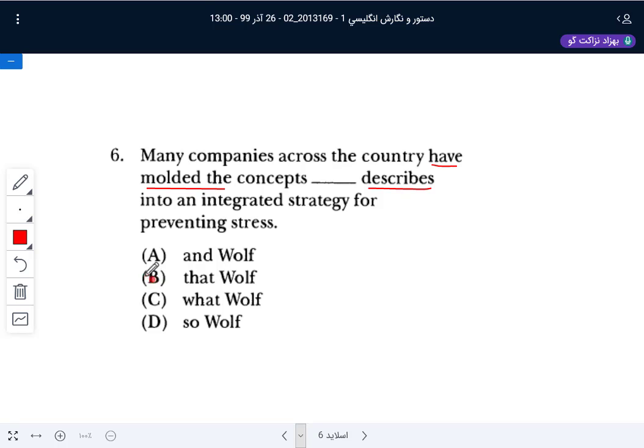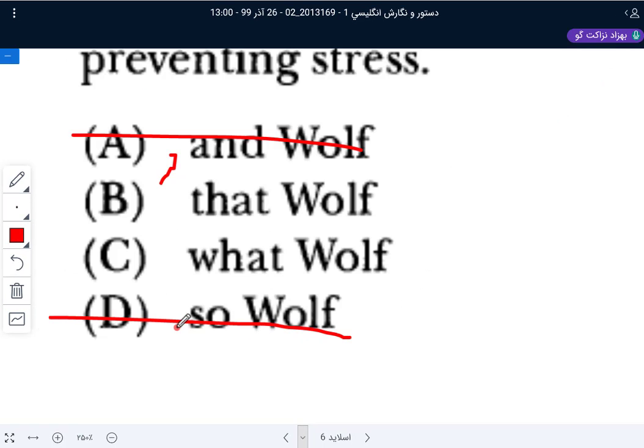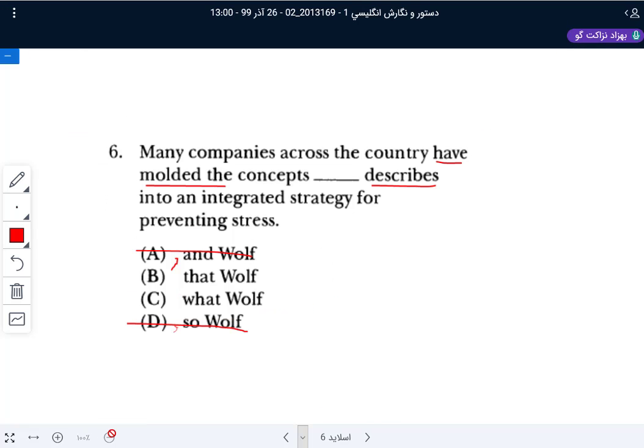So if we use so and, we expect, because immediately after them we have Wolf, which is the noun, and we have describes, which is the verb. So we expected to see a comma, but there is no comma because two main clauses should be with commas. Well, this shows that these two items are not acceptable.